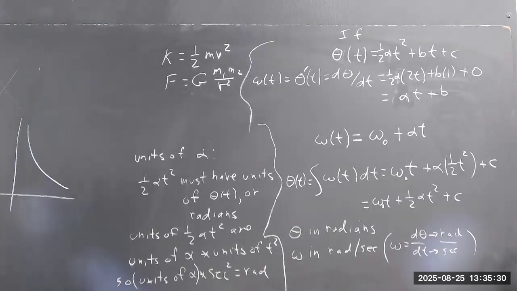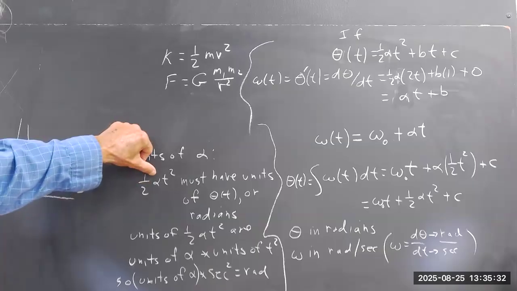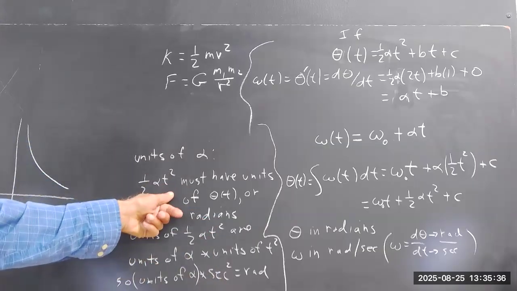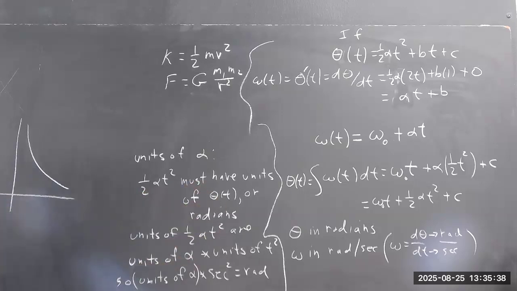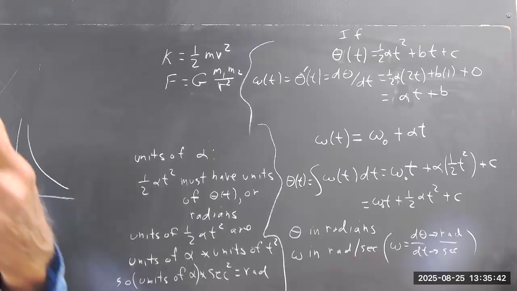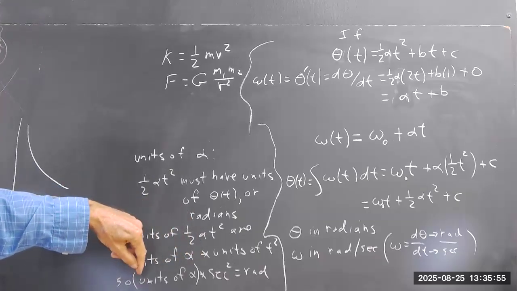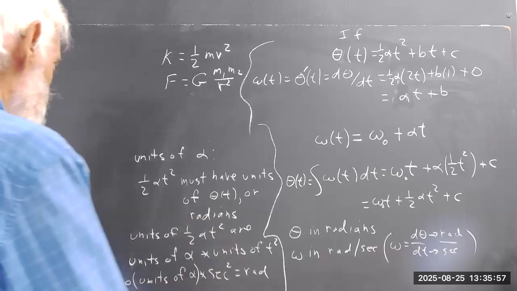It has to be if this is going to have units of radians. Alpha is going to have to be whatever you multiply by seconds squared in order to get radians. You want to get used to thinking like that. It's not going to happen instantaneously, but it should happen over the next few days. Make sense? So right there is a simple equation: units of alpha times seconds squared is radians.